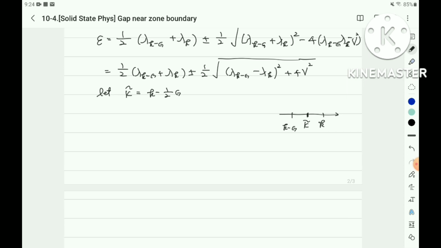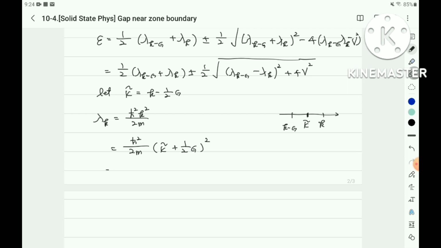Here, lambda_k can be written as h bar square k square over 2m. Then it is h bar square over 2m times (k tilde plus 1/2 g) square.